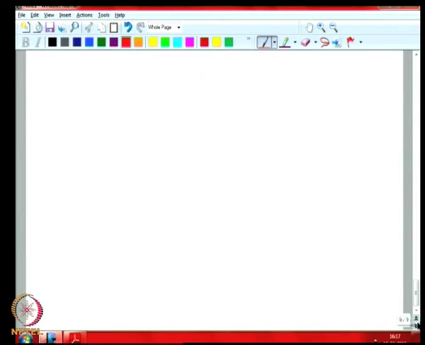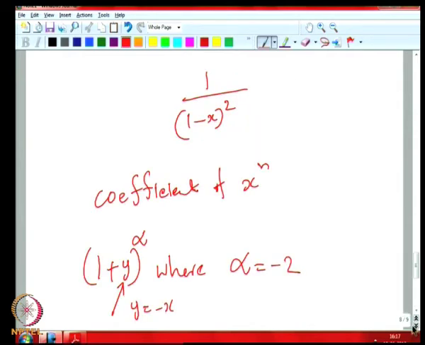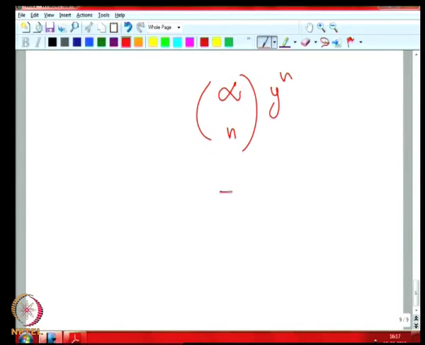So the nth term is going to be alpha choose n times y raised to n, that is minus 2 choose n, minus x raised to n, right. This is what?